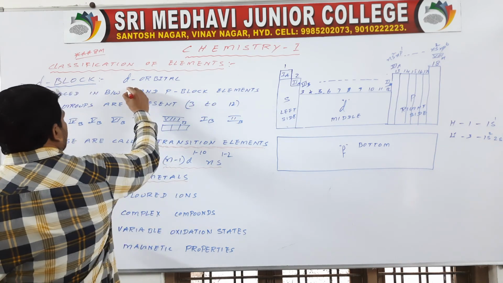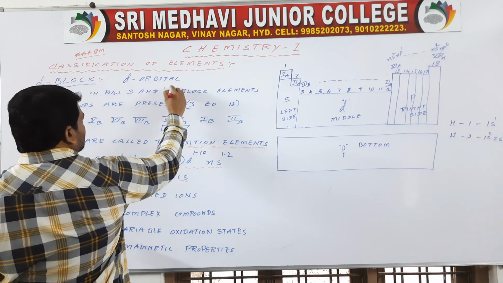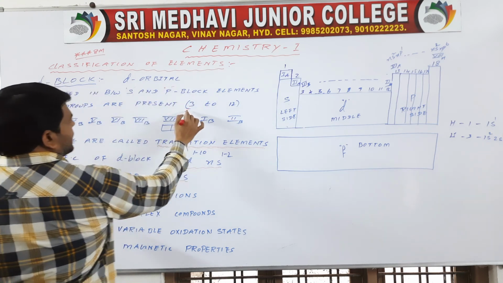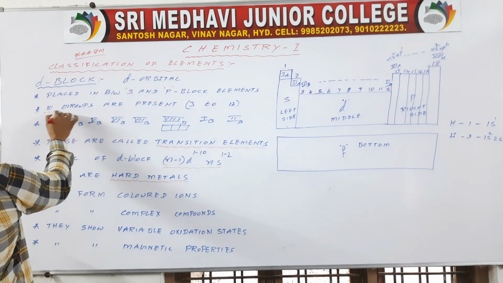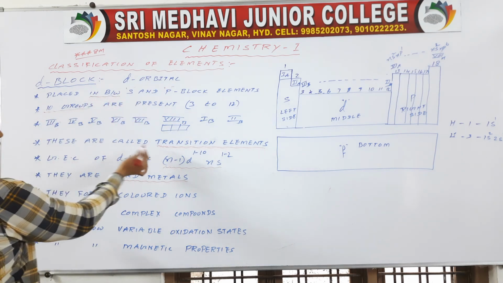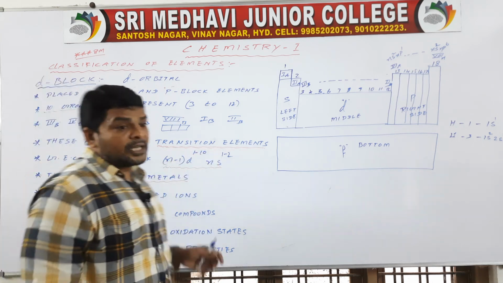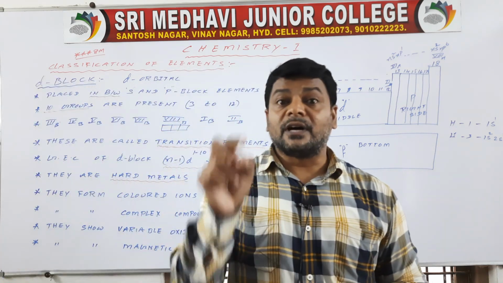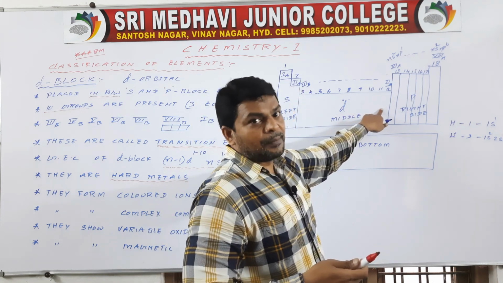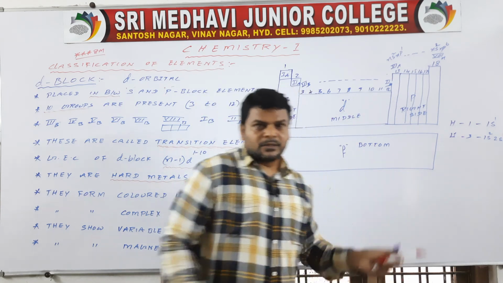It has 10 groups. Next, these are called transition elements due to presence of unpaired electrons, except the second B group. Okay.